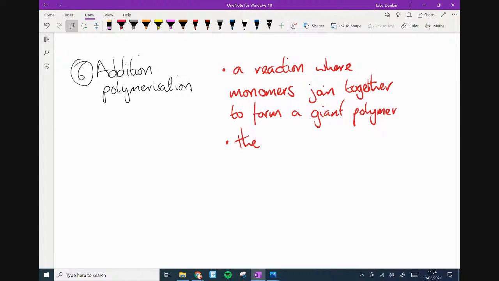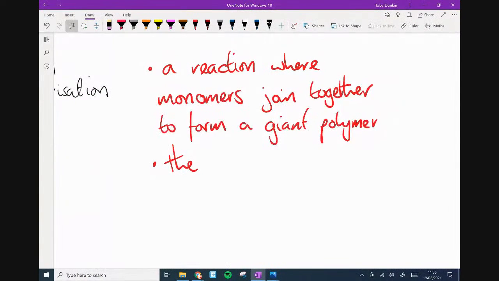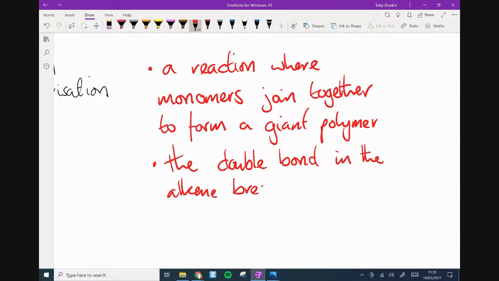So, sorry, anyway, back to the lesson. The reaction where monomers join together to form a giant polymer: the double bond in the alkene breaks open, and they link together.